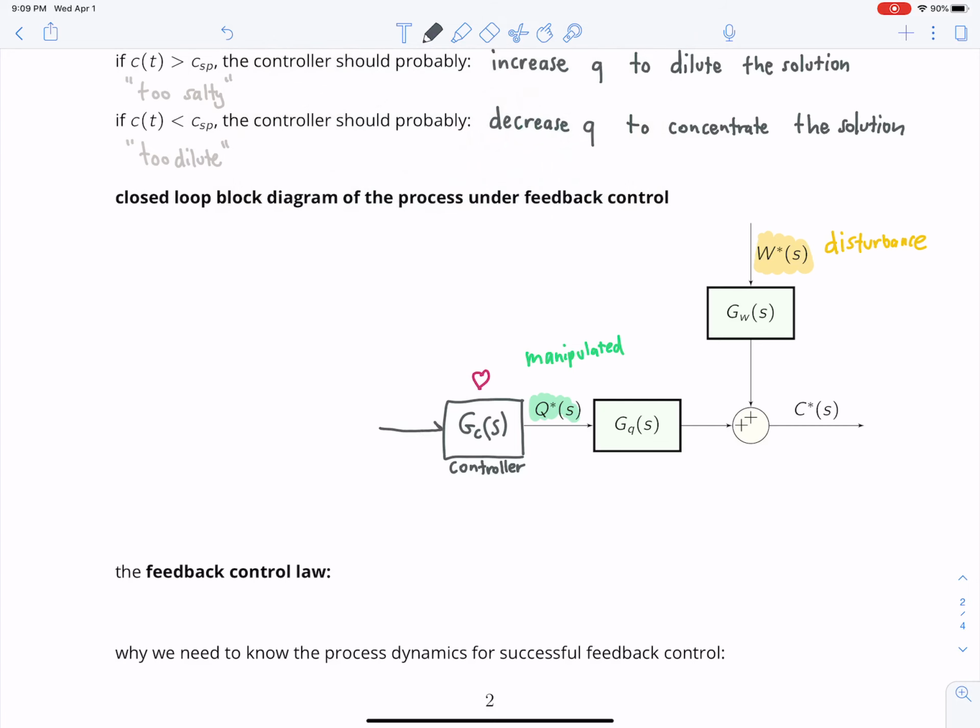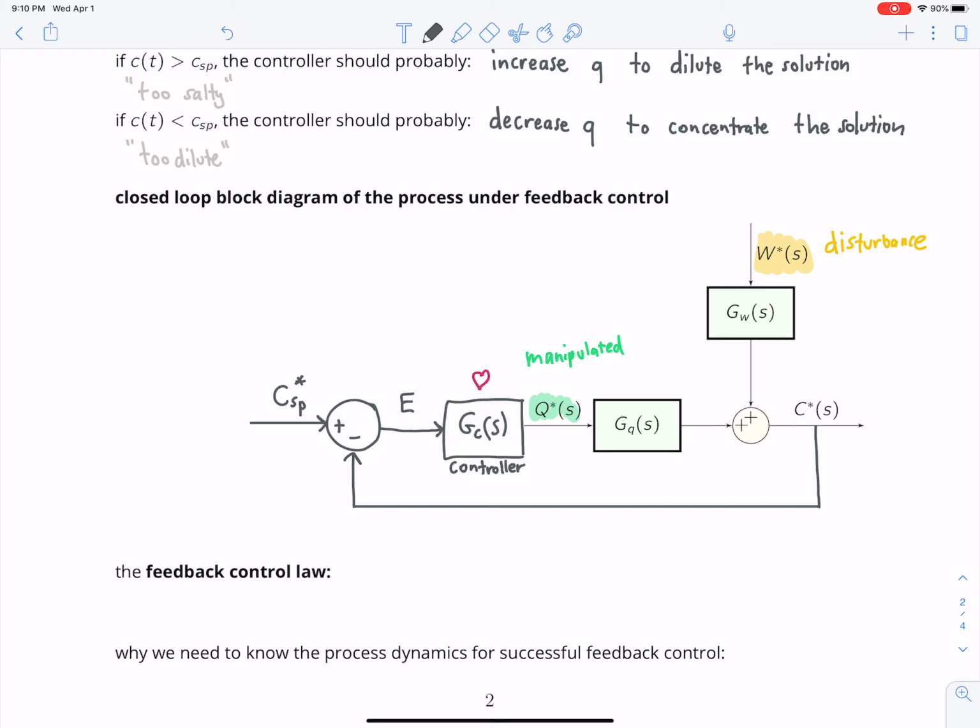And the controller is fed the error, which is the difference between the set point. So here we have our set point. And the actual value or the measured value of the concentration of salt. So that's why it's called feedback control.